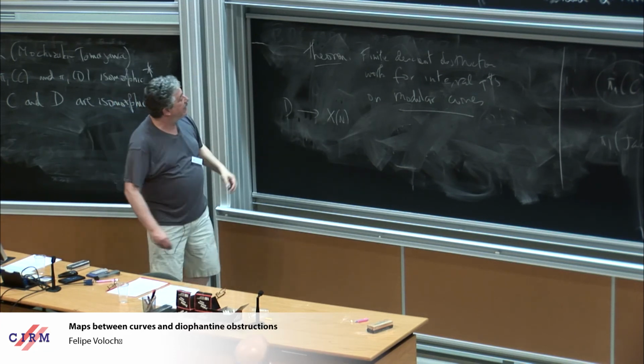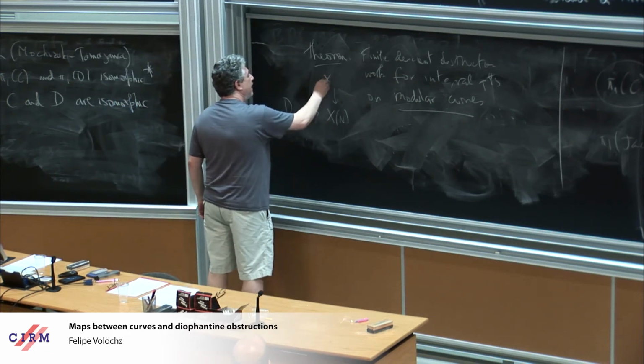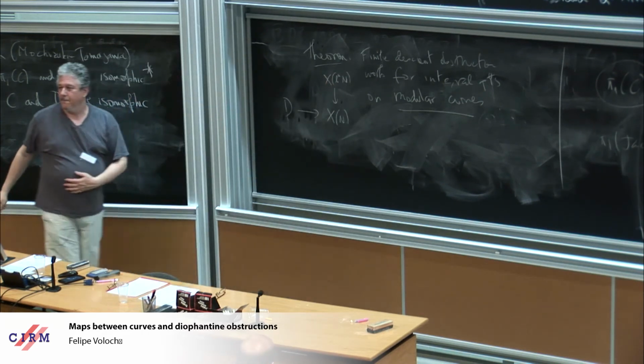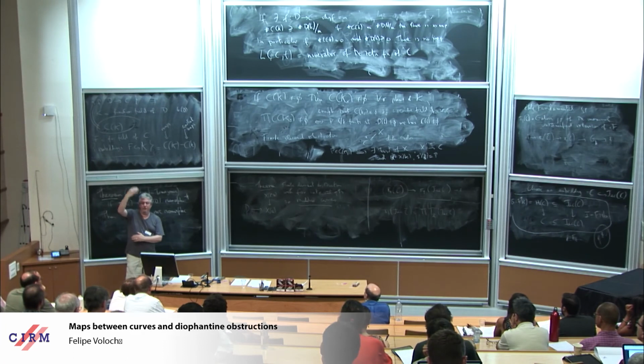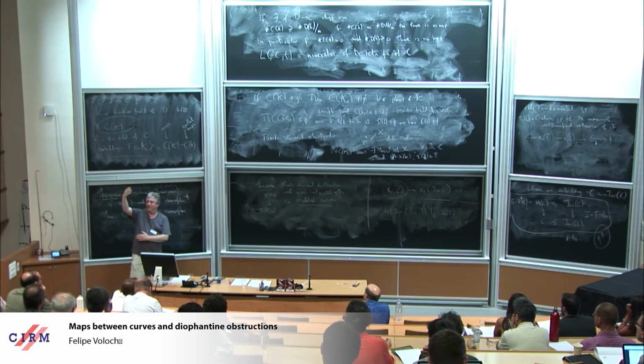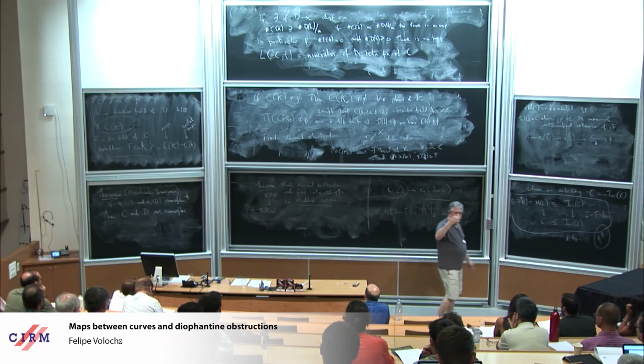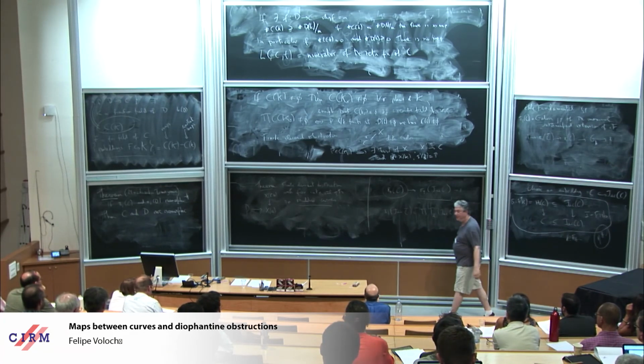And you can do descent by taking covers that come from putting additional level structure. So that's a cheap way, a canonical way, of getting covers of modular curves, by adding primes to the level. And that works.